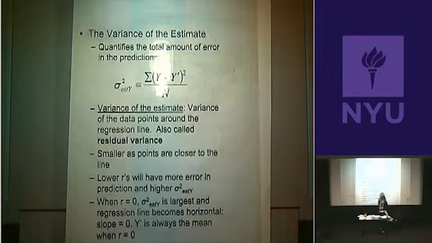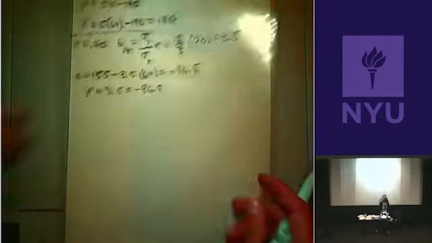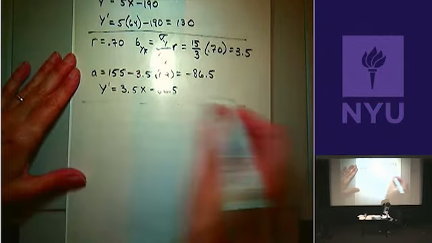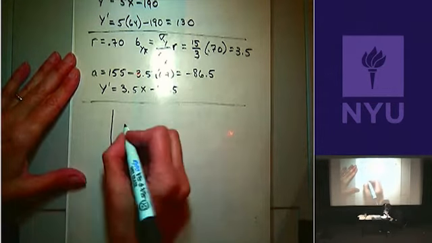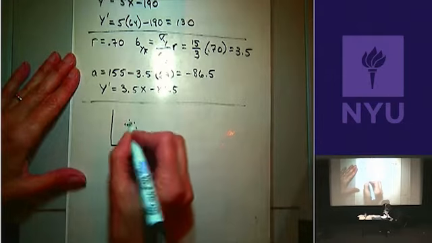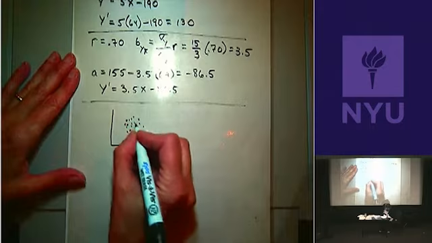Okay? Now, there's another little point here. When the correlation equals 0, the variance of the estimate is the largest, and the regression line becomes horizontal. I talked about that before. Let's take a look at it again, because it kind of gets back to this idea of quantifying the errors and what they really mean.